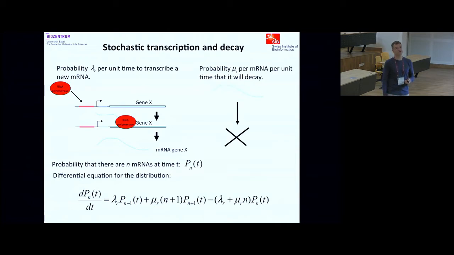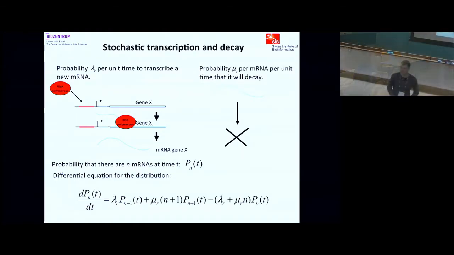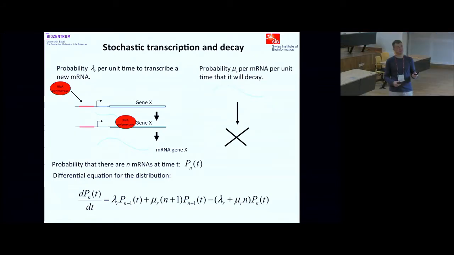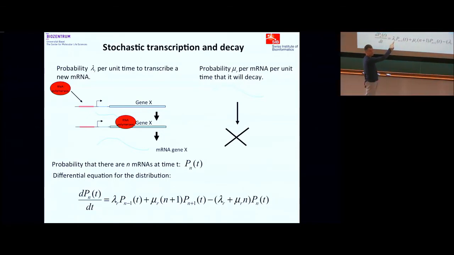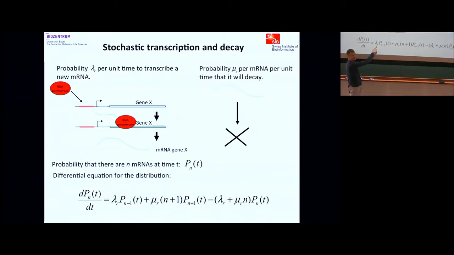So now, if I want to solve for the probability that at time t there will be n mRNAs in the cell, I can write down this kind of differential equation, often called the master equation. So the change per unit time in this probability is, well, it's the probability that you had n minus 1 mRNAs, and with this probability per unit time, you made another one.